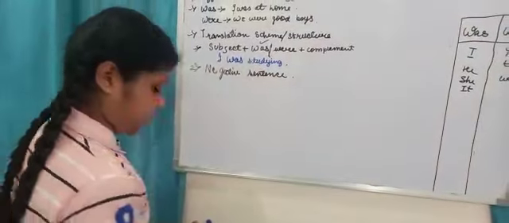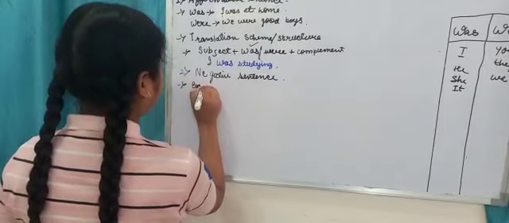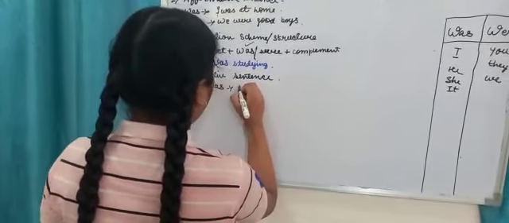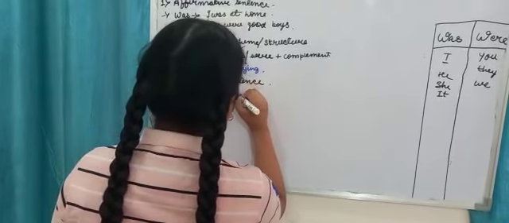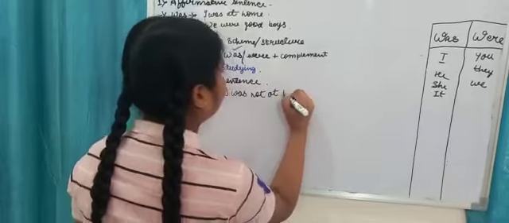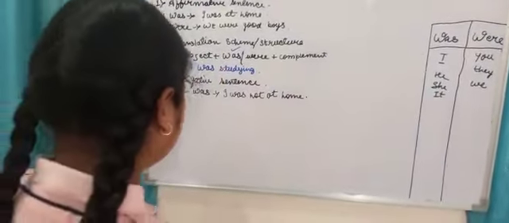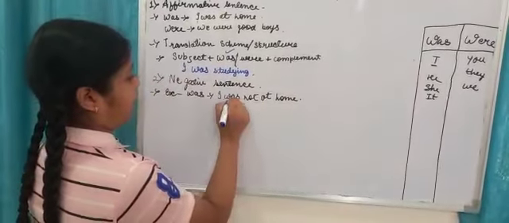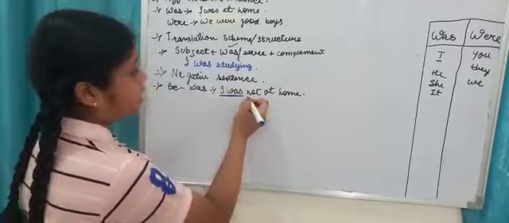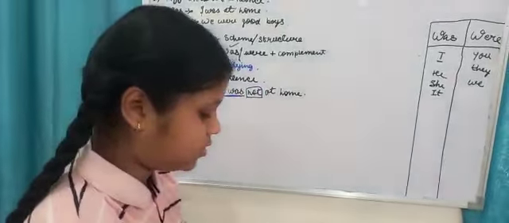So let's take an example used with was. I was not at home. In this sentence, I is the singular pronoun, was is used with it, and not is also coming. So it's an example of was.